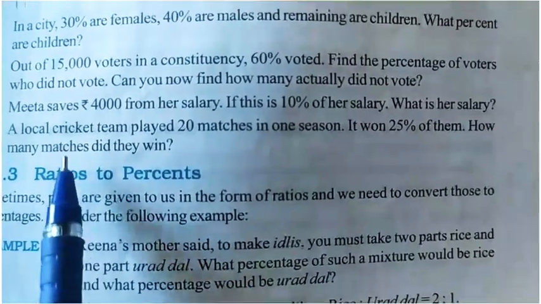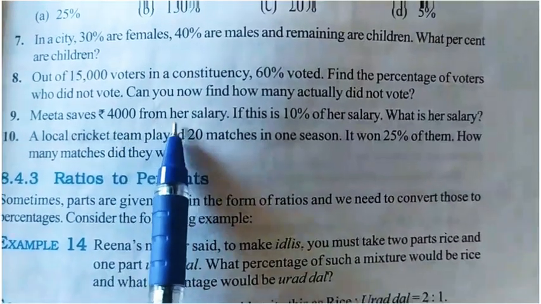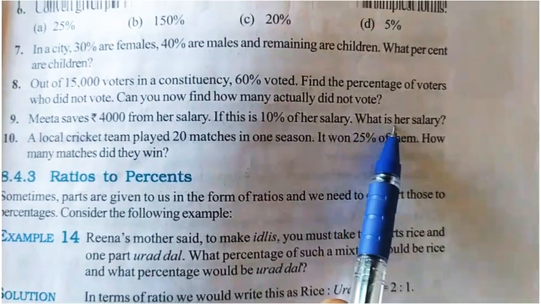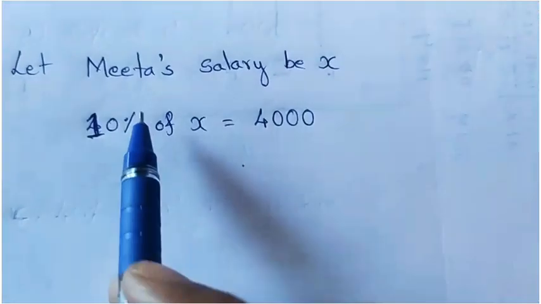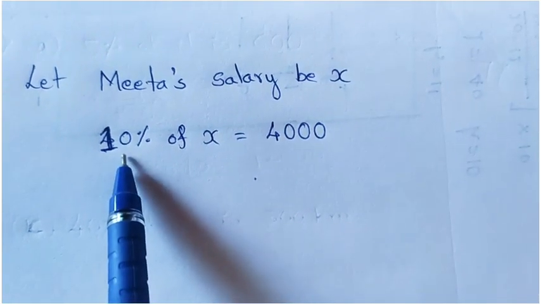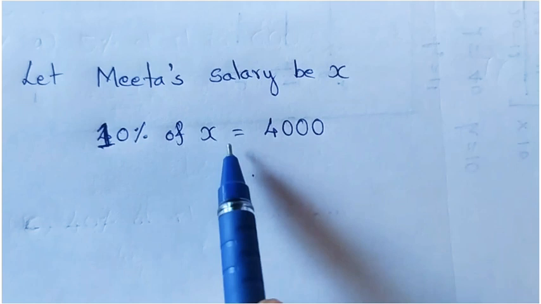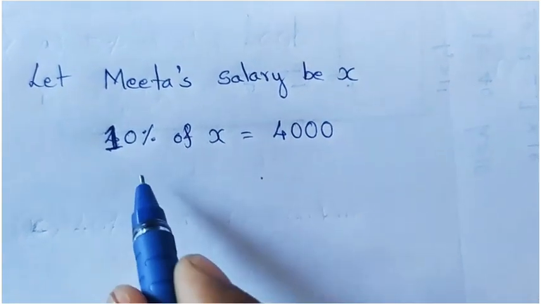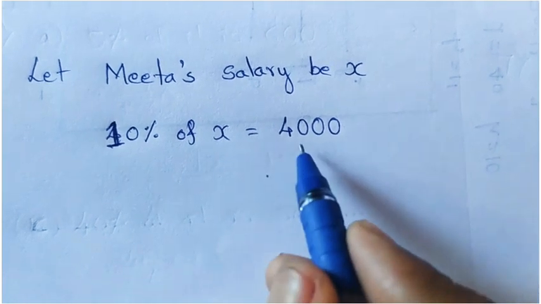Ninth one, Meeta saves 4,000 from her salary. If this is 10% of her salary, what is her salary? Let Meeta's salary be X. So in that 10% of total salary, how much did she save? 4,000. So 10% of X equal to 4,000.